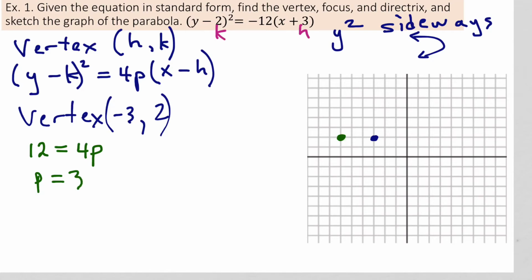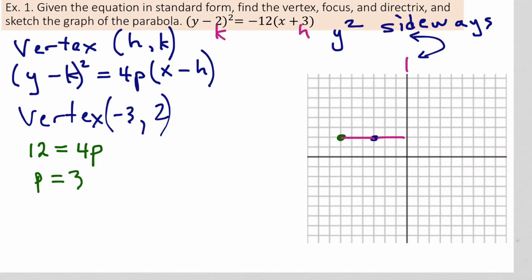So that's going to be my focal point, my focus. So vertex, focus. In order for it to be opening this way, I know that since my focus is inside the dish, I'm going to put it to the left of my vertex, where this is my distance 3 right here. I can also go ahead and plot my directrix, which is going to be 3 in this direction.